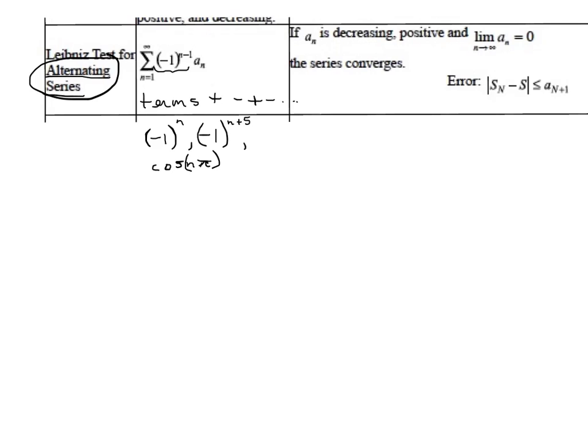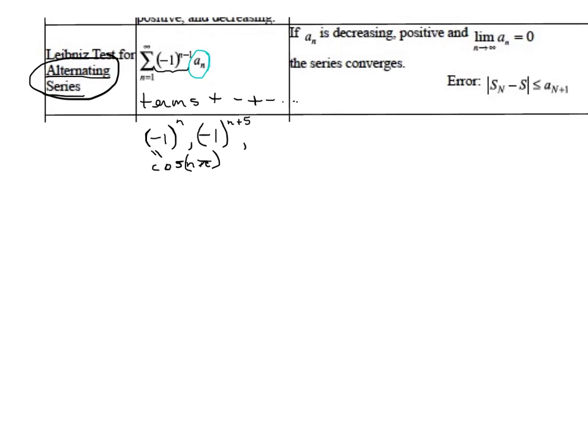We've talked about cosine of n pi, that it's actually equal to -1 to the n. So that's another one that alternates. And so those are all things that alternate. And from there, most of what we're going to look at is the stuff that does not include that -1 to the n or the cosine of n pi.